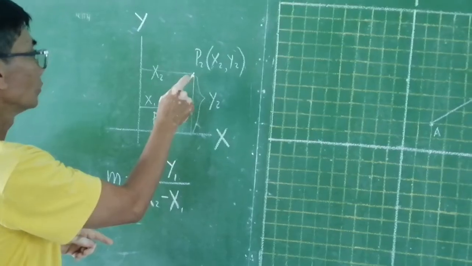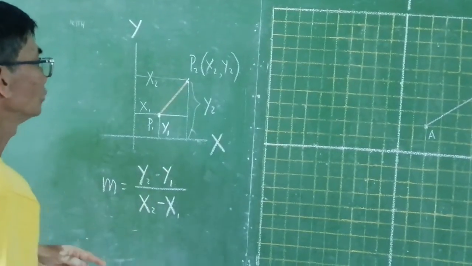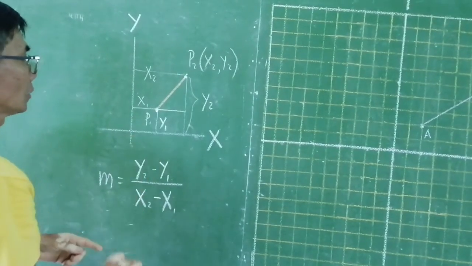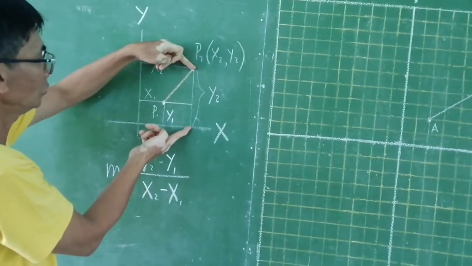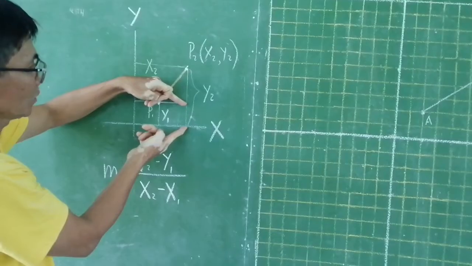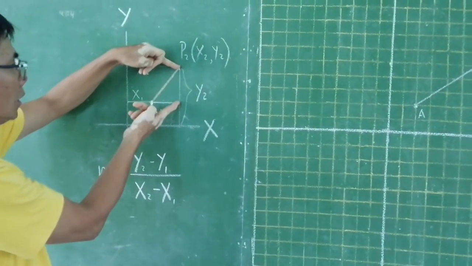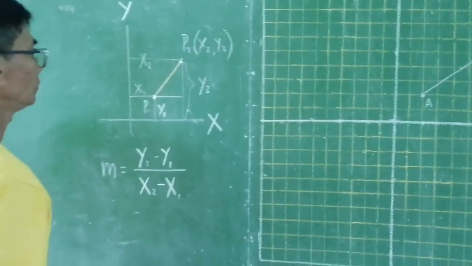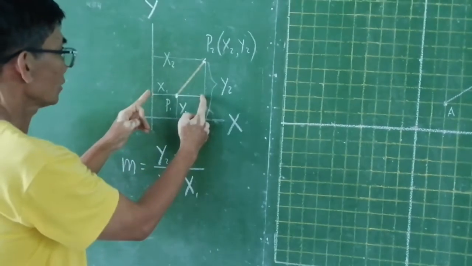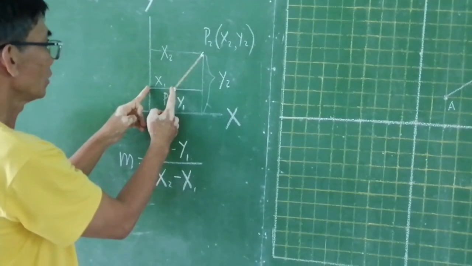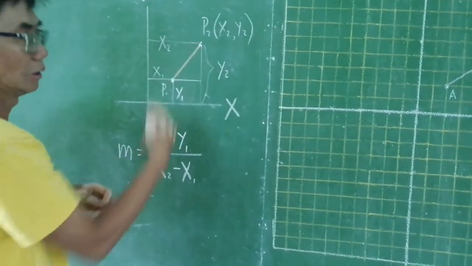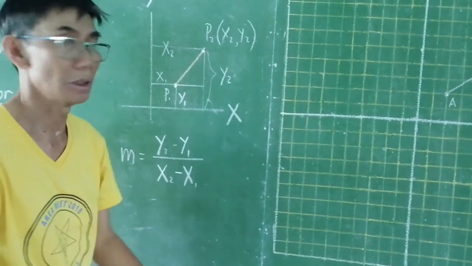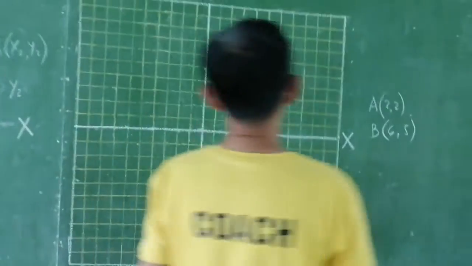If we are going to find the slope of that, it will be y sub 2 minus y sub 1, which is this line here, over x sub 2 minus x sub 1, which is this. So that's the line.